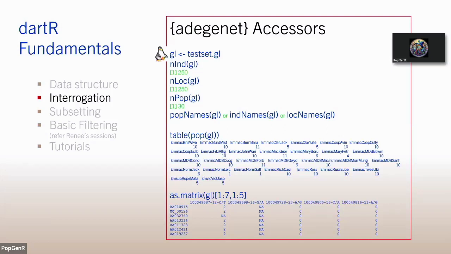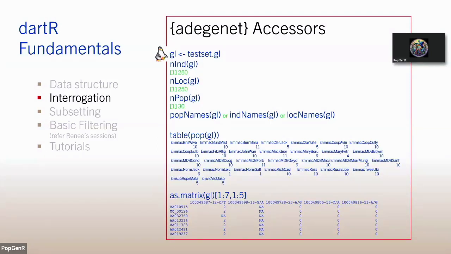So you can interrogate it there really quickly and just see, have I read my data incorrectly? That's the first thing I'd be looking for when I do this: are there populations in there that shouldn't be there? Are there some missing? So this is sort of exploratory. And the other thing you can do is look at the actual scores in the genlight object.